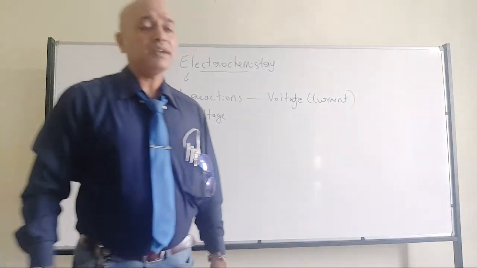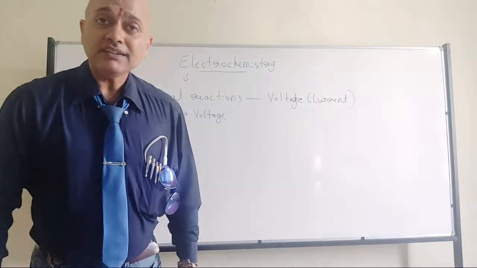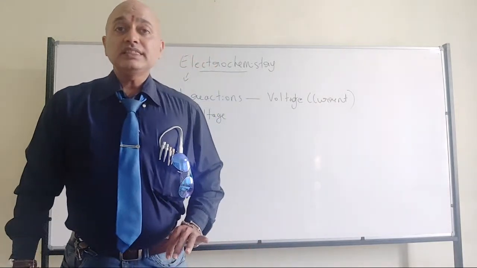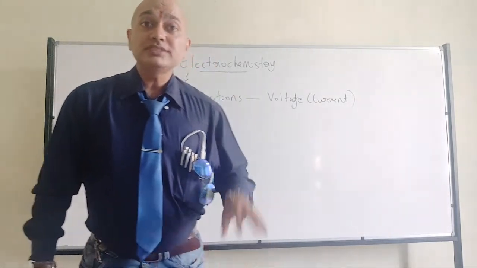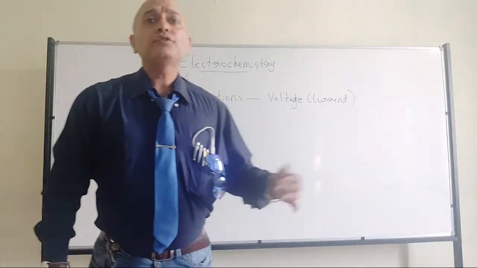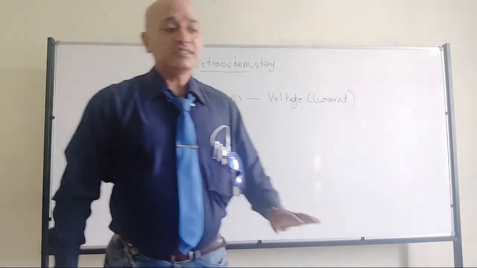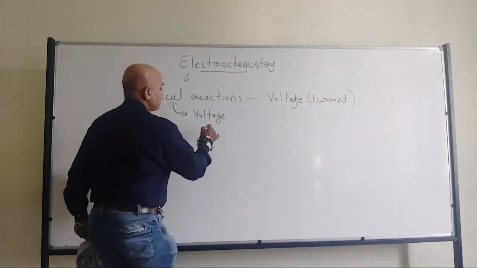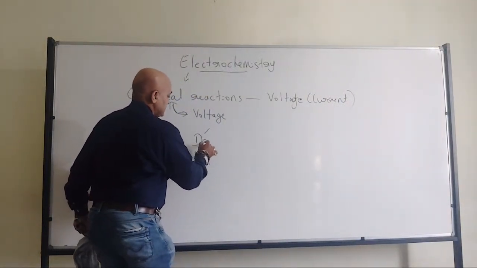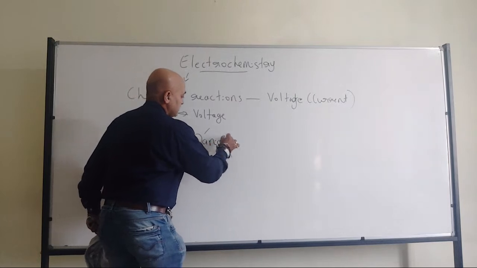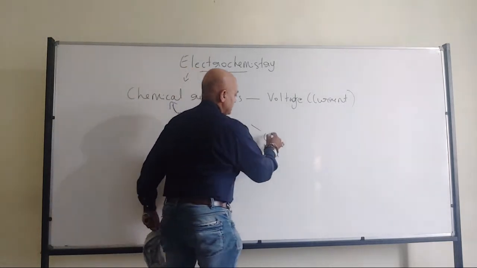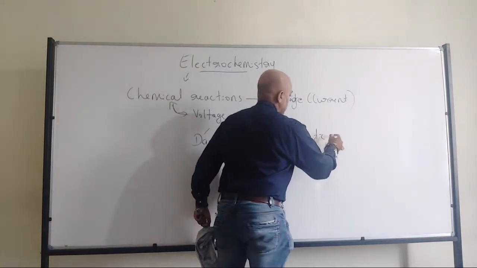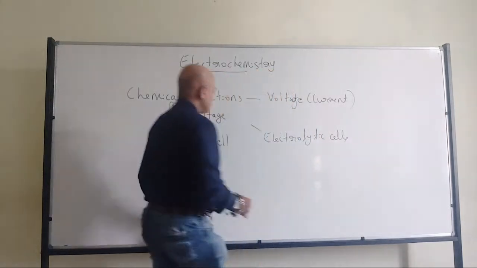So there are some chemical reactions due to which there will be generation of certain electricity. Now, some reactions require electricity to happen. So that's where we have two types of cells. One is the Daniell cell and another is the electrolytic cell.